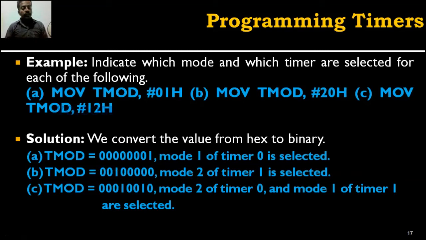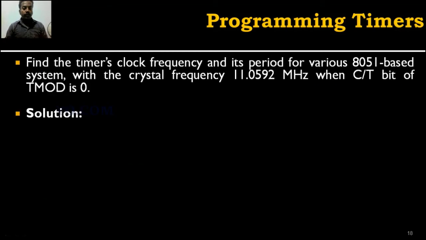Then for the data 12H, mode 2 of timer 1 and mode 1 of timer 0 are selected. This way we can program the timer.